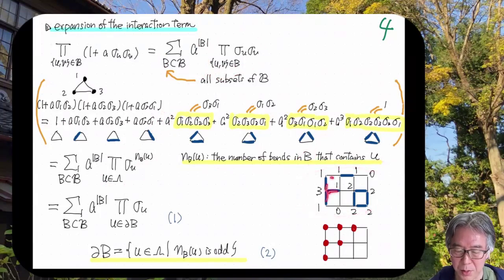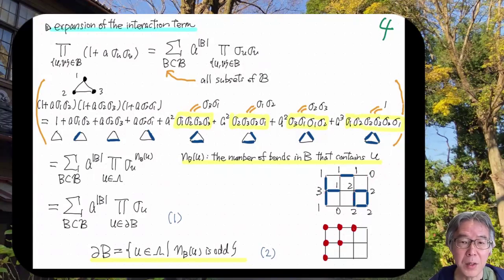Suppose that these blue things denote this B. Then for each site you count the number of bonds which contains this site. Here there are no bonds, so it's 0. In this case, there's only one bond. Here, this one has 3 bonds, this one has 2 bonds, and so on.